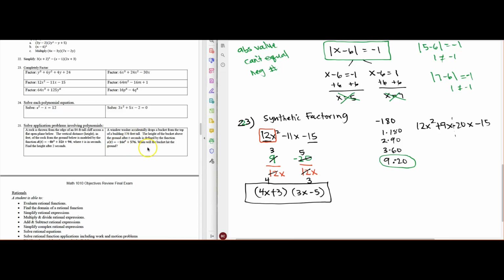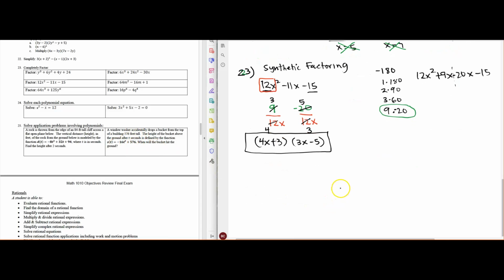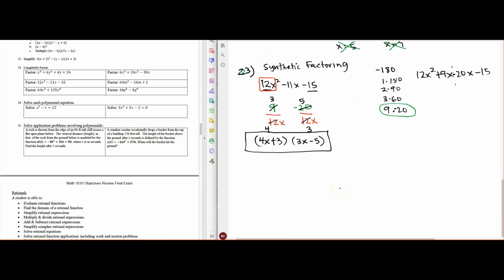So let's look at 25, this application. It says a window washer accidentally drops a bucket from the top of a building that's 76 feet tall. The height of the bucket above the ground after t seconds is defined by this function.